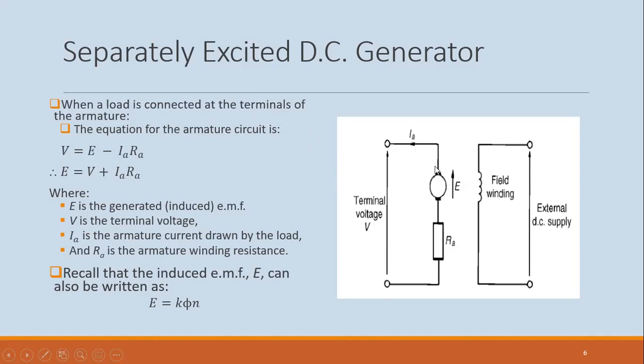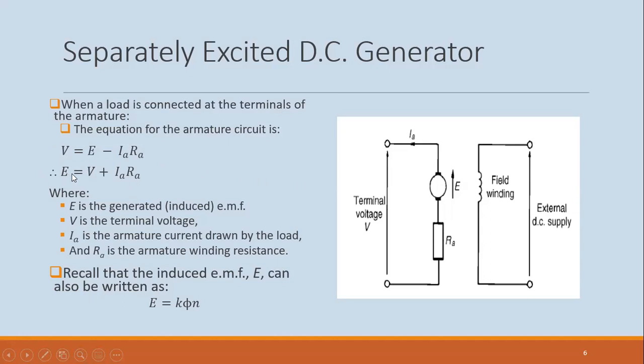Right here we have the plus polarity, here negative polarity, but because the current is flowing in this direction, down here will be a plus polarity and a minus polarity here. So that is why it is E minus IARA. All right, so bear that in mind.